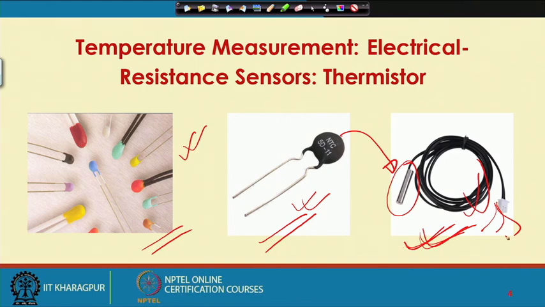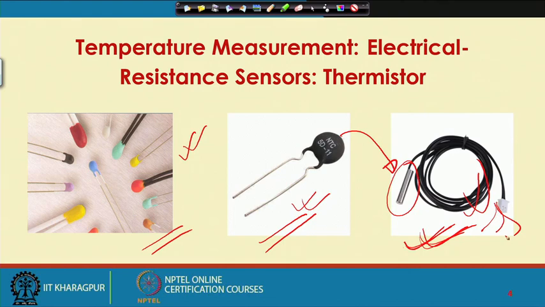If it is 2-wire connection, only 2 wires will come out. Thermistor generally 2 wires will come out. So, a 2-wire RTD and a 2-wire thermistor, it won't be possible to figure out which one is what just by looking at that.